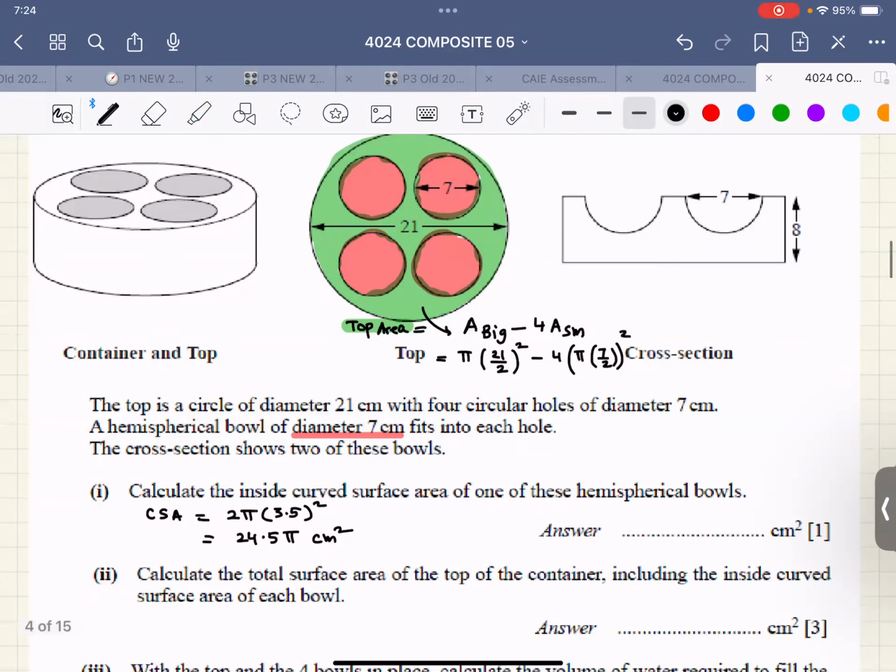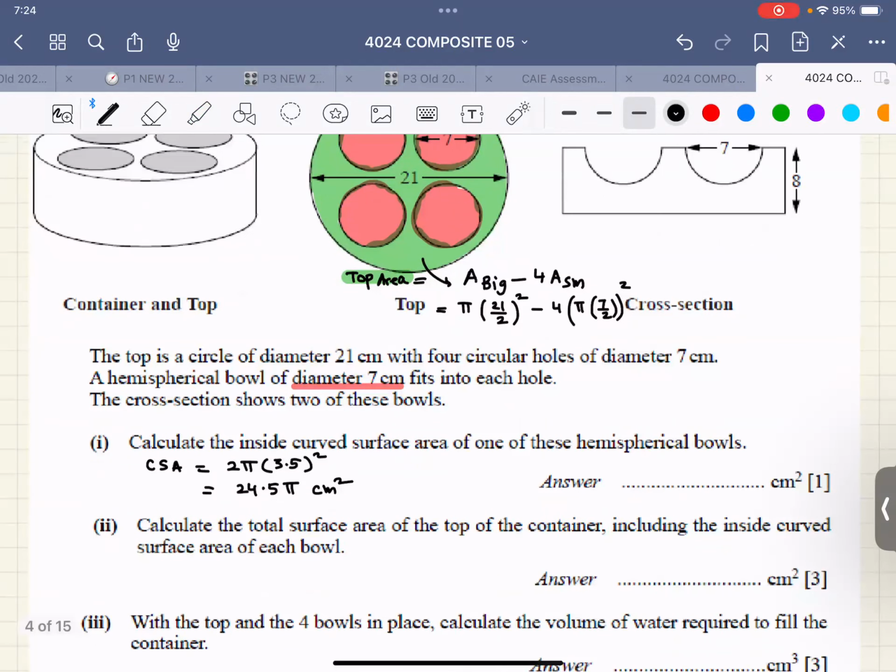So 7 is the diameter, 21 is the diameter. So let me grab the calculator. 21 into 21, that's 441. So this is 441 over 4 pi minus 4 times 7 square is 49. That is 49 pi over 4.